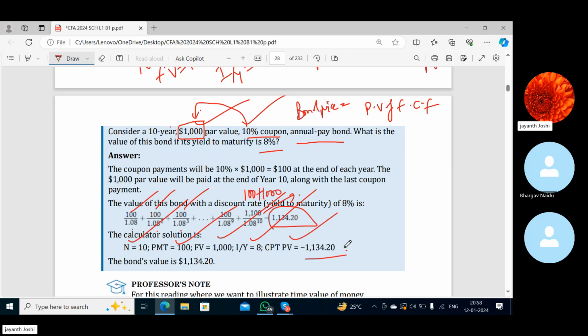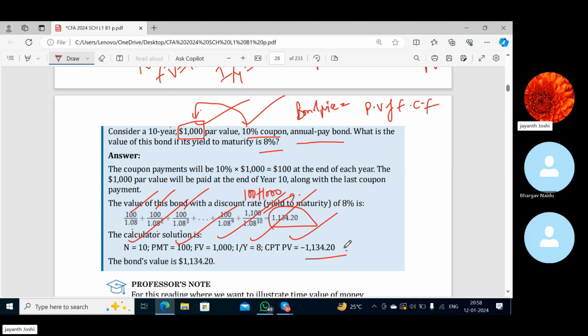So you can take your calculator. In that calculator, press second, clear TVM function, and clear work. Then you have to type 10 and click on N. So N is equal to 10. Then type 100 and click on PMT.